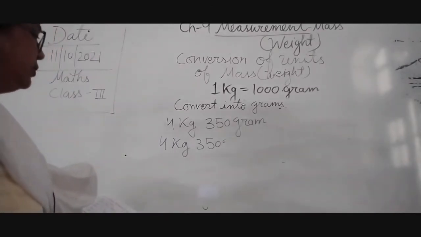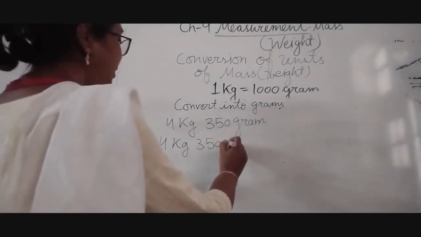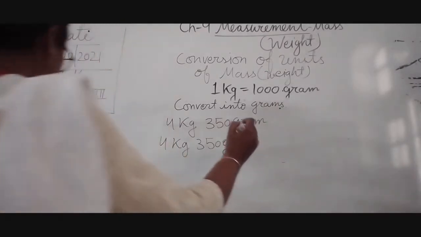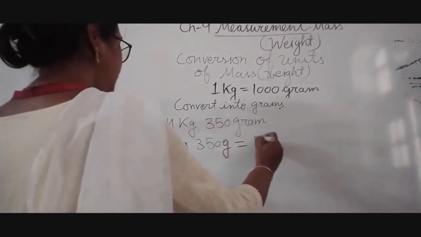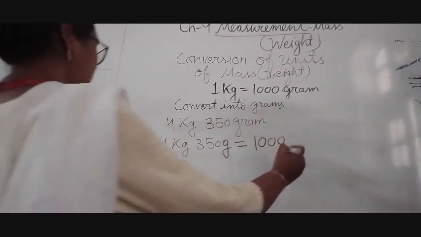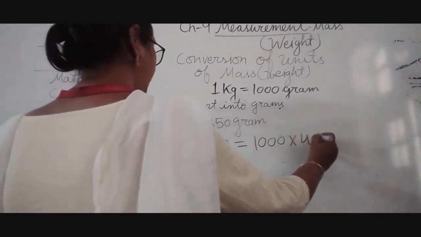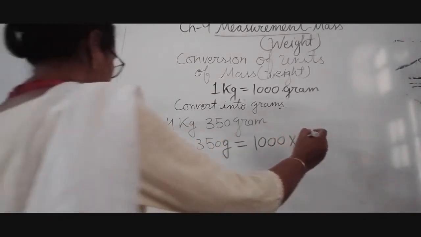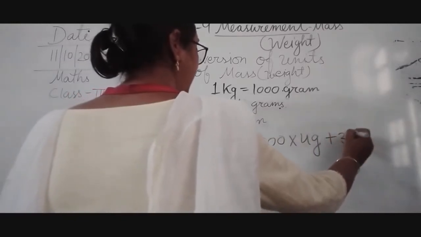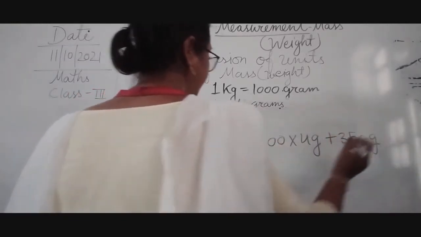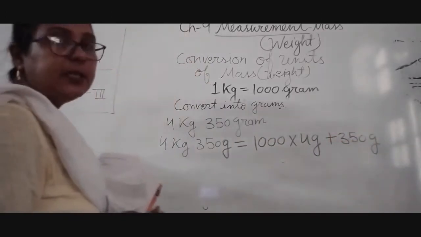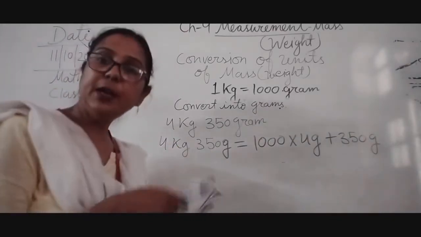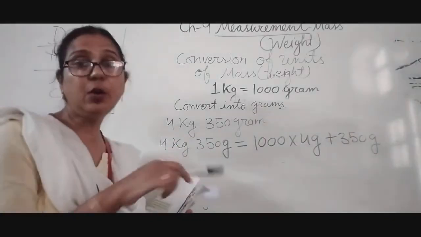Now 4 kg and 350 grams equal to 1000 multiplied by 4 grams plus 350 grams. Why? Because grams is already given in grams, so we are not going to convert it.